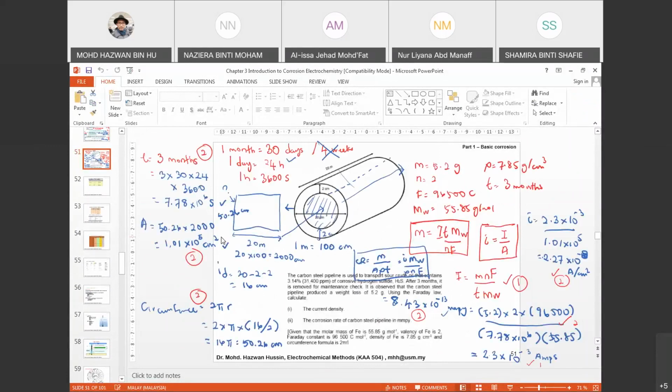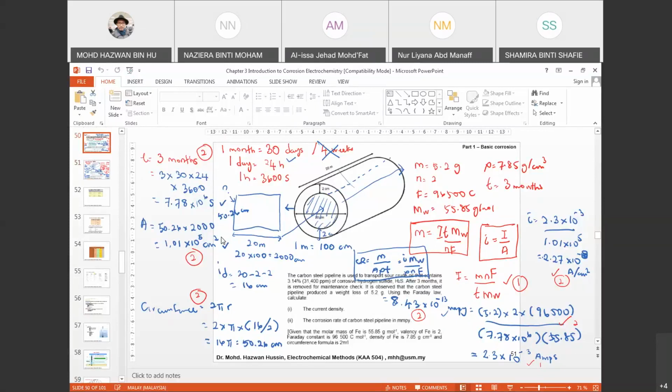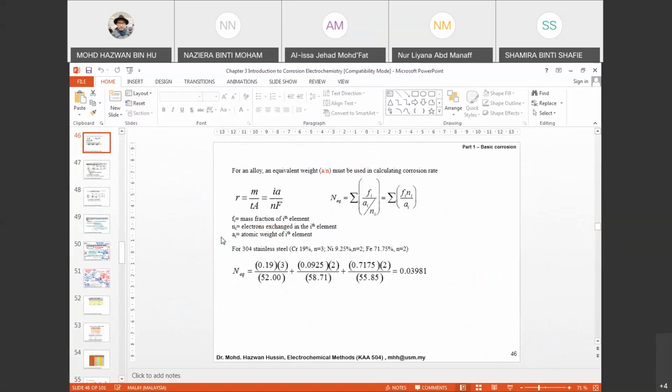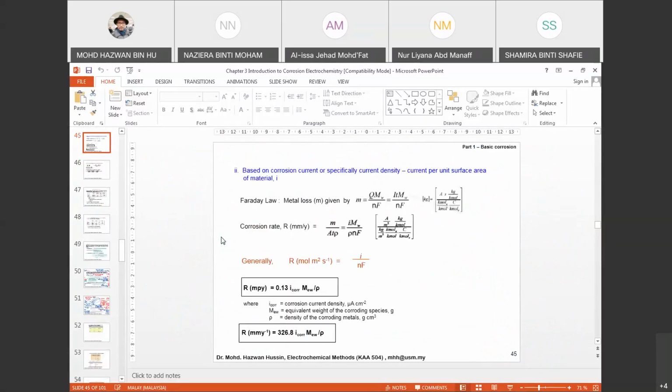Right, so last Tuesday is just a recap. We have learned about a few formulas on calculating the corrosion rate, calculating the current density, and whatnot. I believe the most important formula that you need to remember is this one. The mass loss using Faraday's law is given as current multiplied by time multiplied by molecular weight over valency multiplied by Faraday's constant.